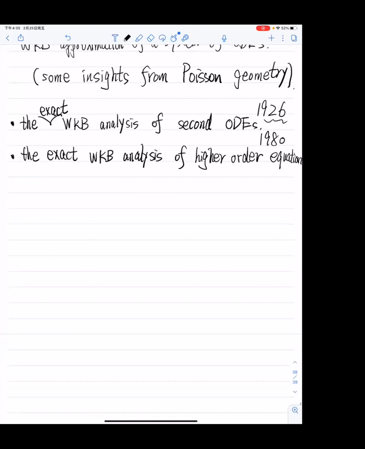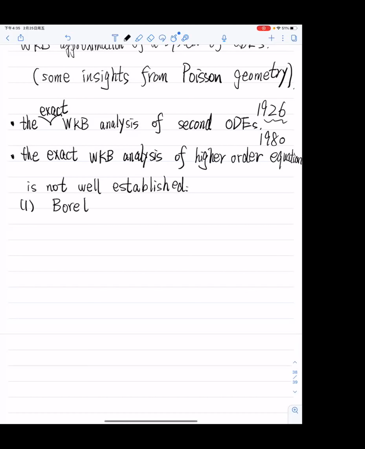Somehow this theory, as far as I can say, is not quite well established. There are two main difficulties. One is that, as in the Schrödinger equation case, we can always find a formal h bar expansion solution. But the thing is that we don't know if the formal solution is summable or not.